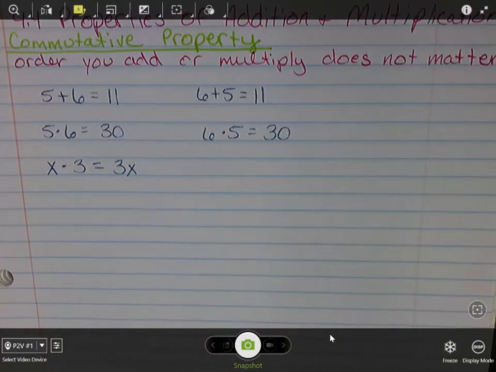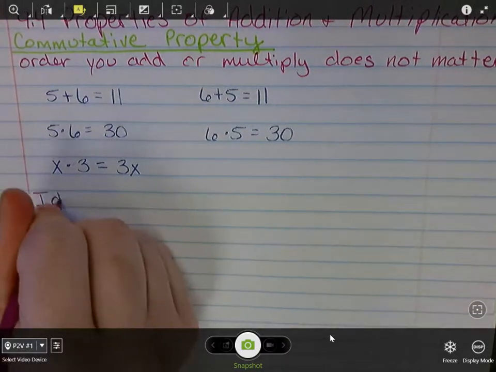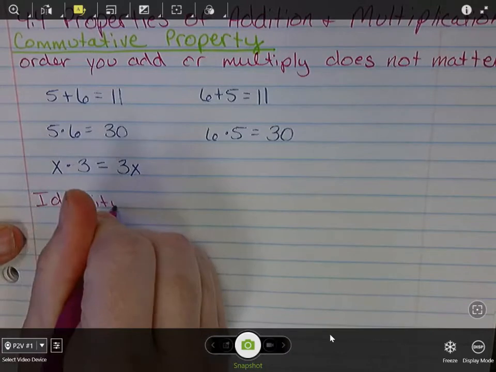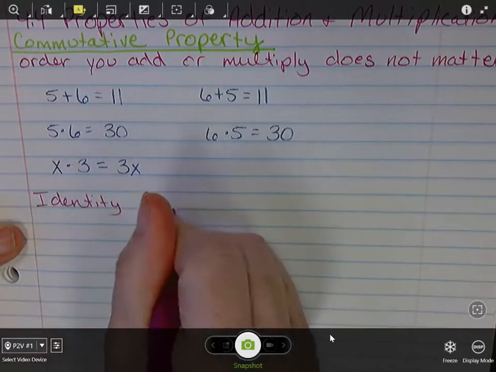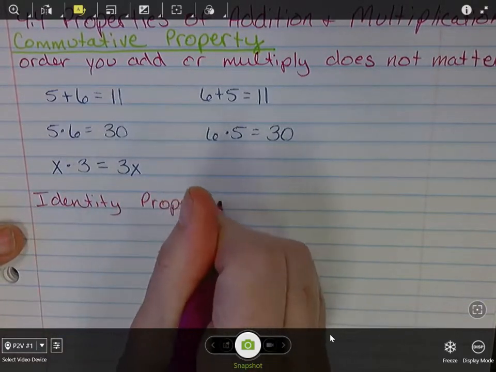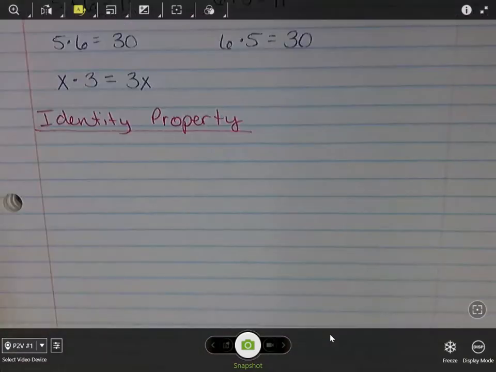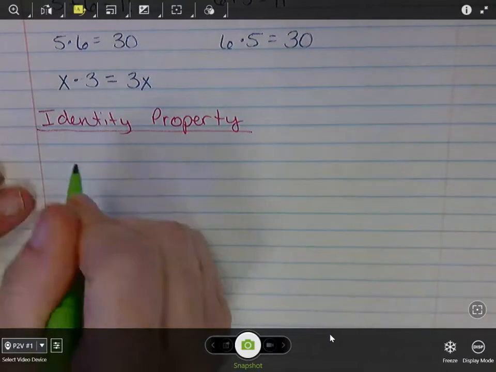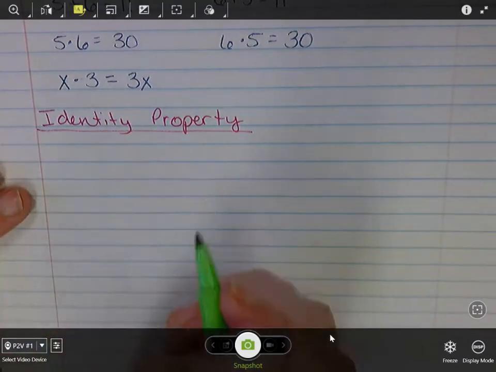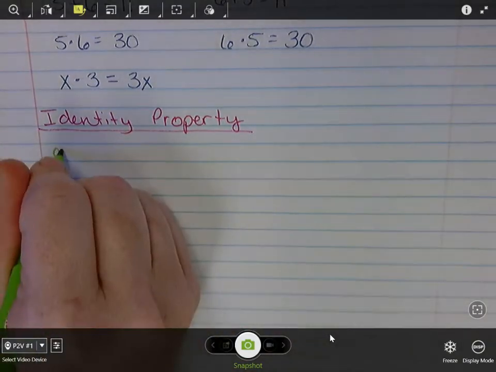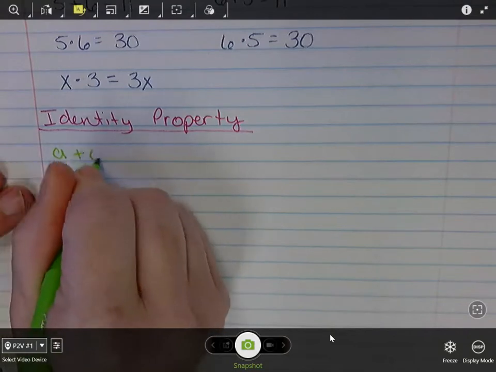The next thing is identity property. Identity means it gives you the same result that you started with. So for instance, if you were to add a 0 to any number, you end up with that same number. The way they write it is a plus 0 equals a.